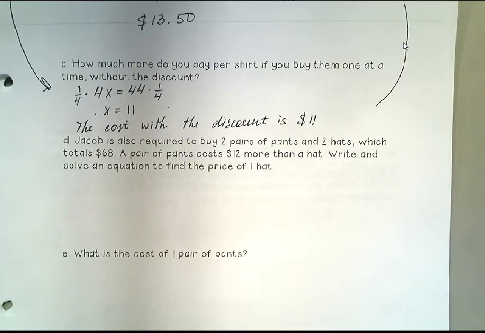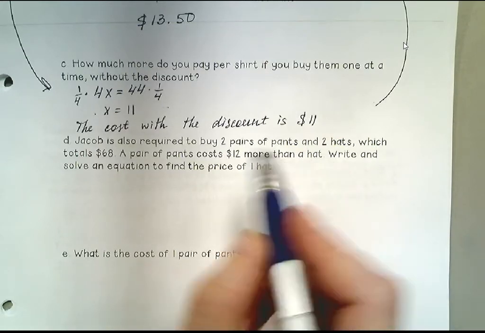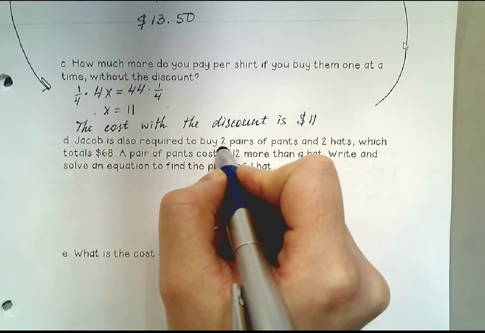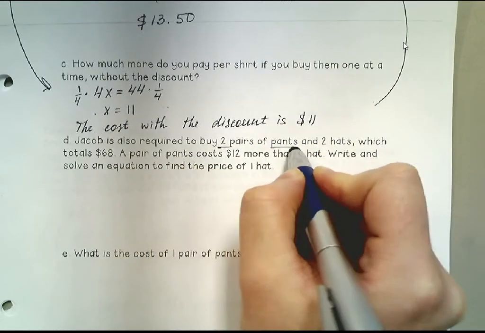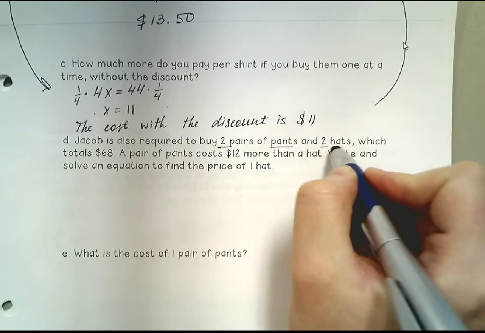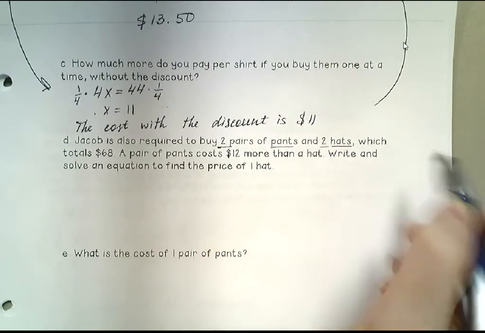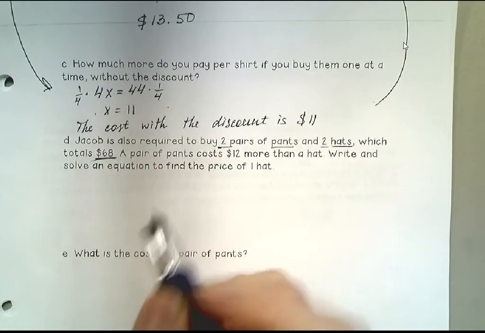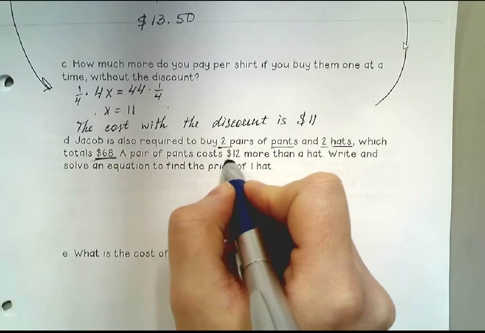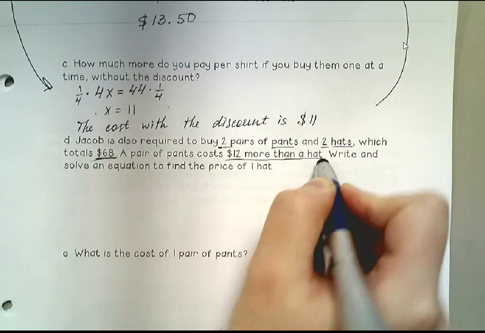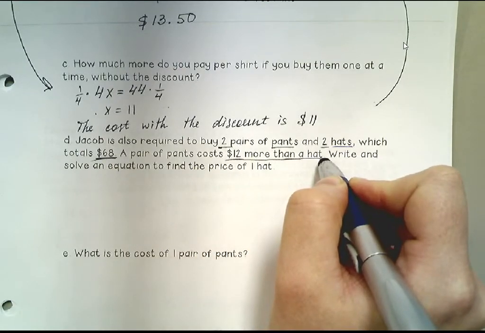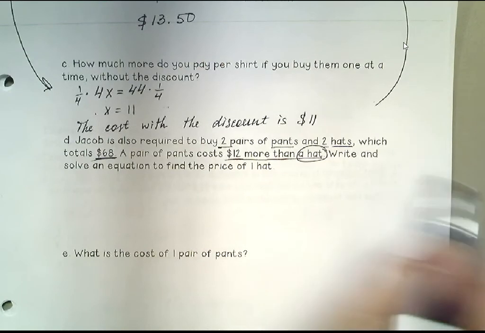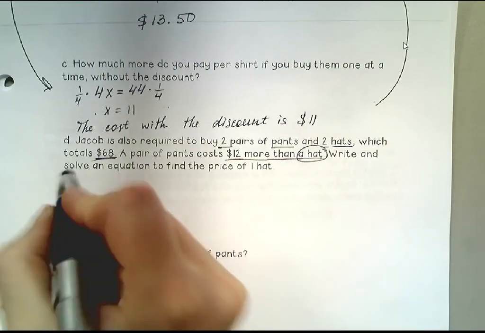Okay, so we need the price of a hat, but we also know that we have 2 pairs of pants and we have 2 hats, and the whole thing is $68. We also know that the pair of pants costs $12 more than a hat, but we don't know anything about the hat. So we are going to call a hat an x.